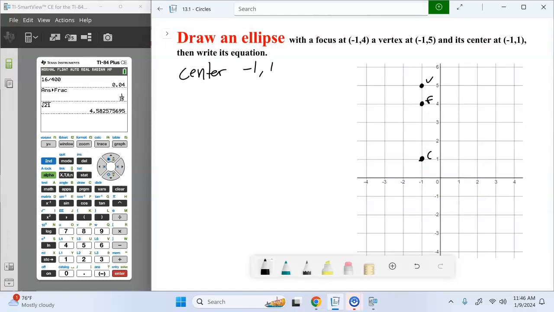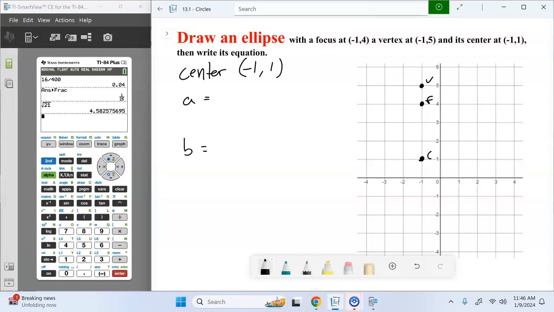We still need to find A, B. That's all we need to write the equation and graph it. It's just A and B. So given those points, A measures the distance from what to what? Close.